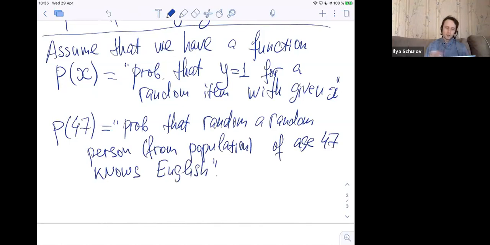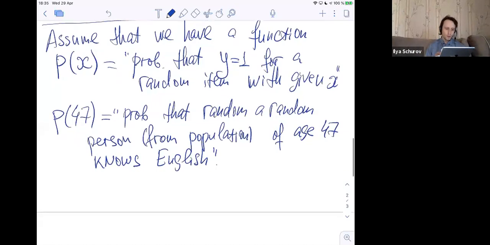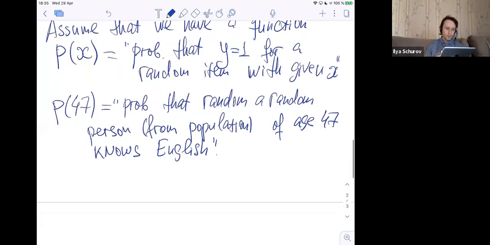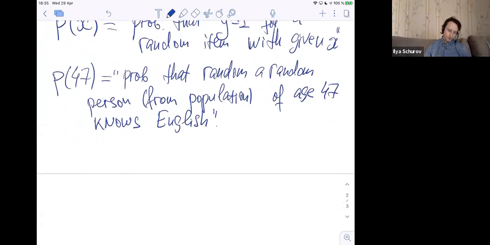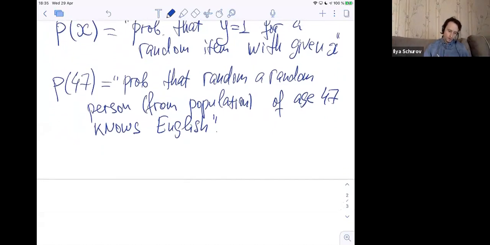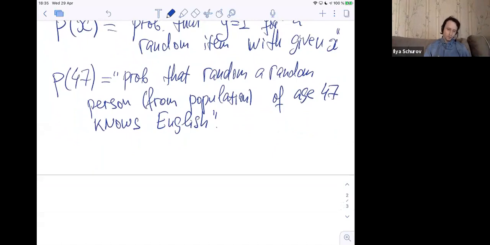So this is some function that we don't know, but that we want to estimate from our data. We believe that this function exists. Actually, we can define it in this way, and we just say that we want to infer it from the data somehow. How can I do it?